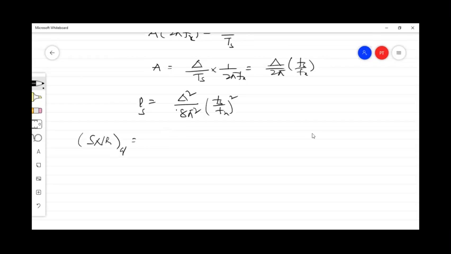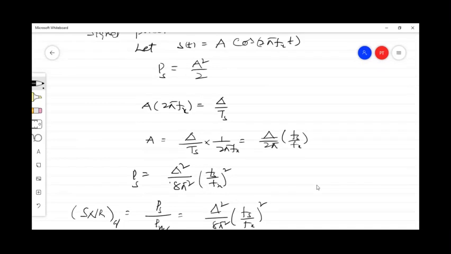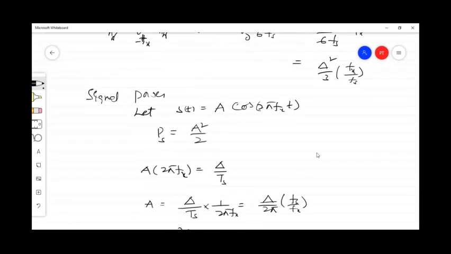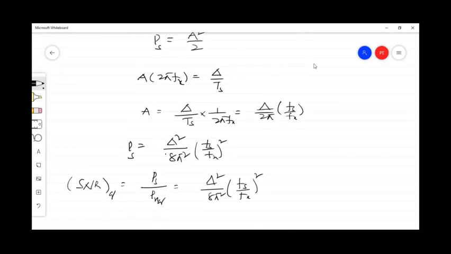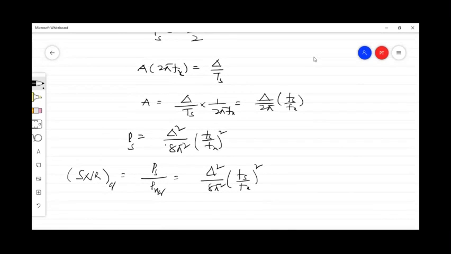SNR Q equals signal power by quantization noise power. Signal power here is del square by 8 pi square, fs by fx whole square. How much is the quantization noise? It is calculated as del square by 3.